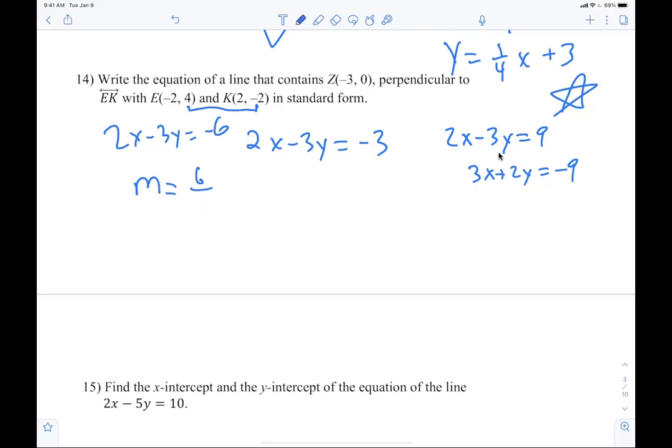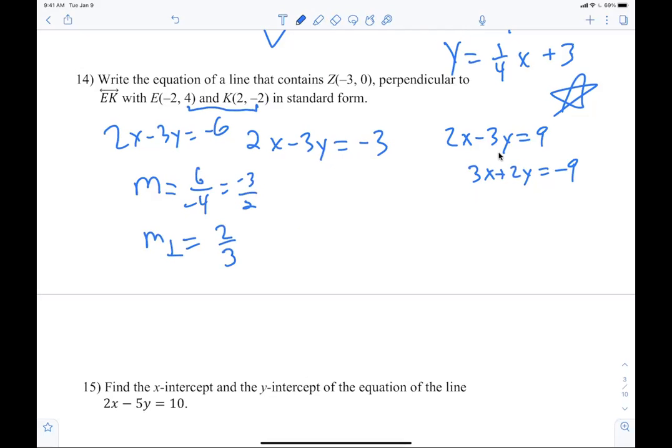And then -2 minus 2 would be -4, so it's -3/2, right? Yes. So we want the perpendicular, right? Oh, okay. So the slope of the perpendicular would be 2/3. Is that good? Everybody okay with that?